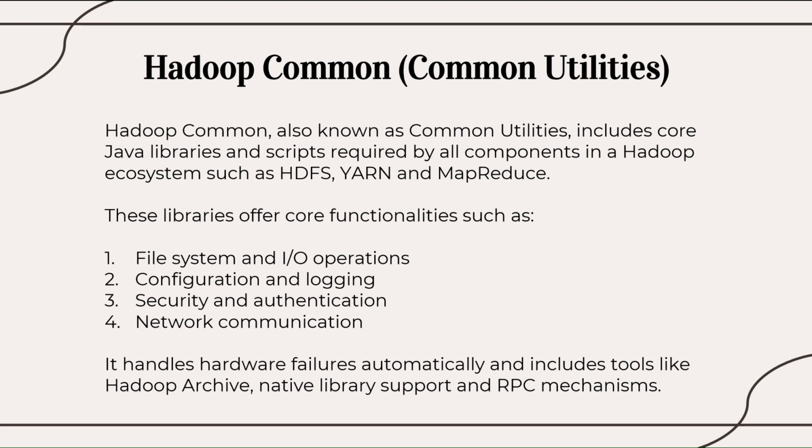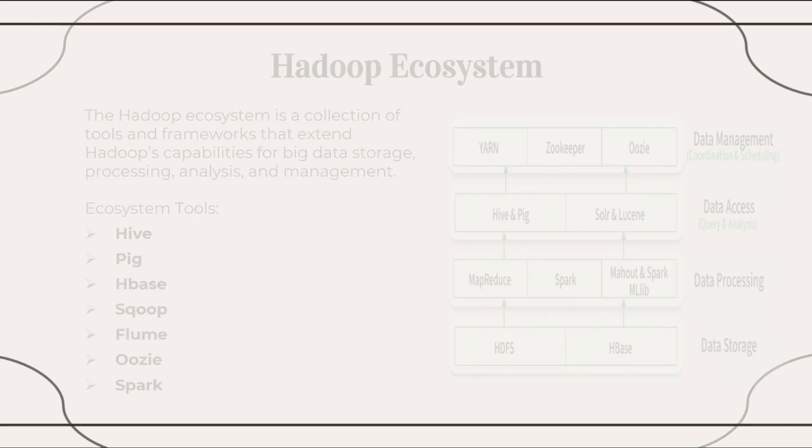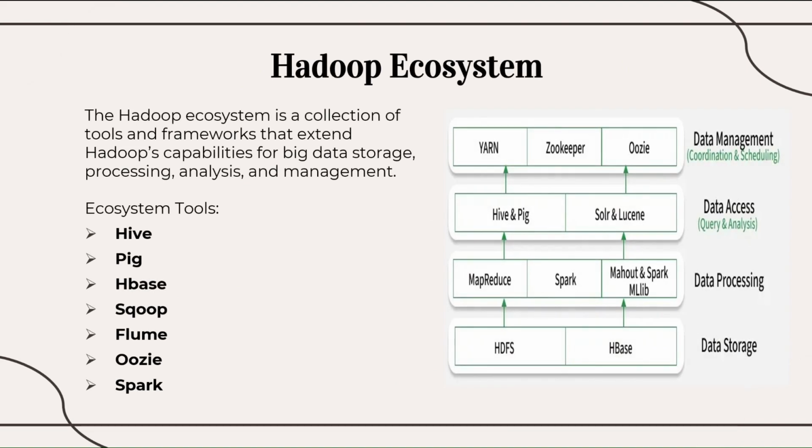Beyond these core components, Hadoop also includes a large ecosystem of tools that extend its functionality. Let's take a look at them next. The Hadoop ecosystem is a collection of tools that are designed to make big data handling easier and more powerful.